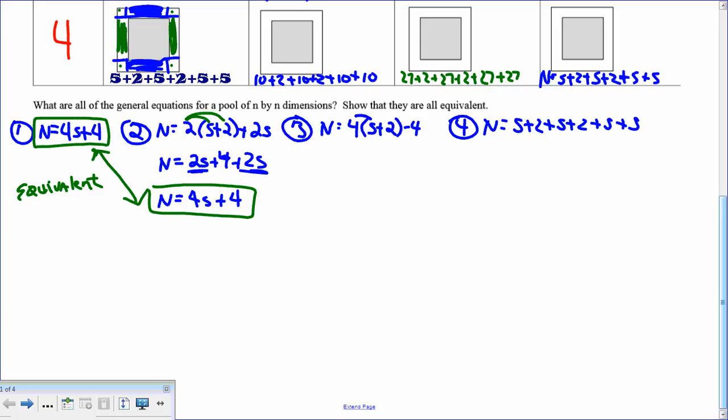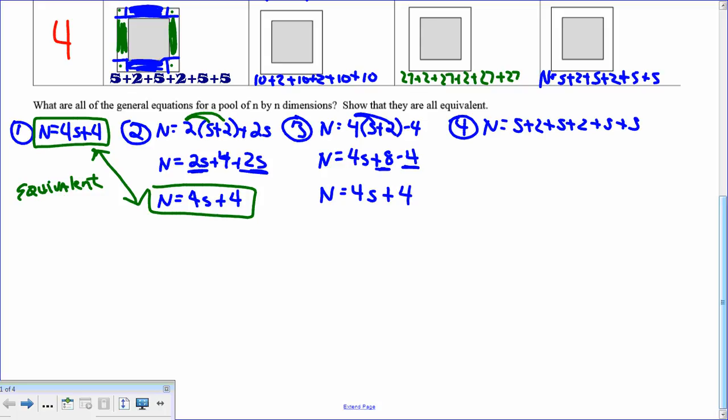So number 3, we're going to distribute the 4 through. So 4 times s is 4s. 4 times 2 is 8. Bring down the minus 4. Okay. And I can't do anything with the variable because I don't have any other variables to combine with, but positive 8 and minus 4 we can combine. And 8 minus 4 is 4.